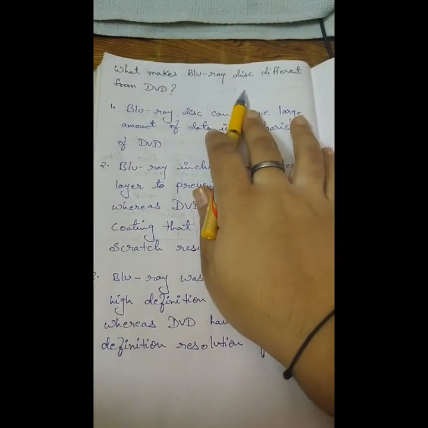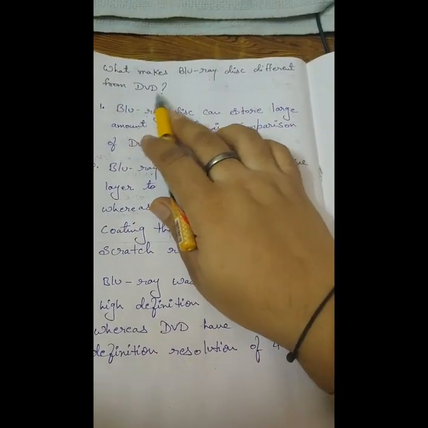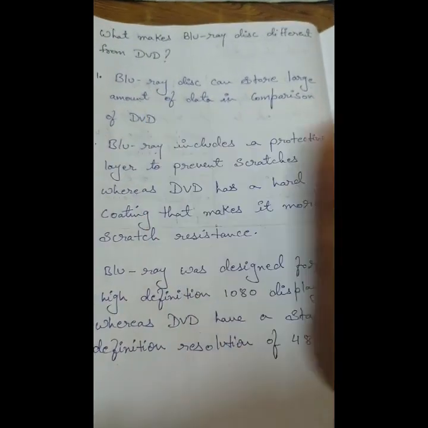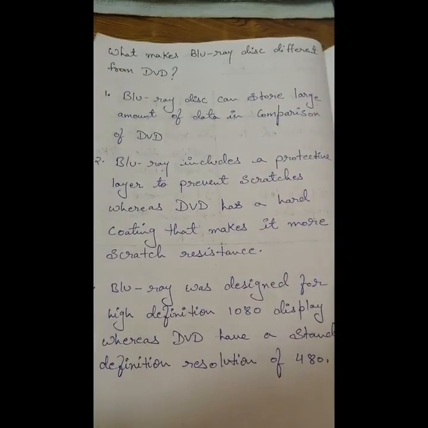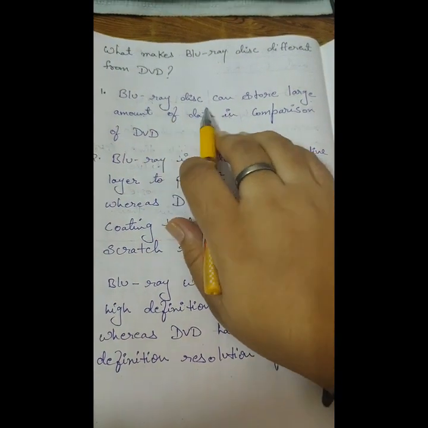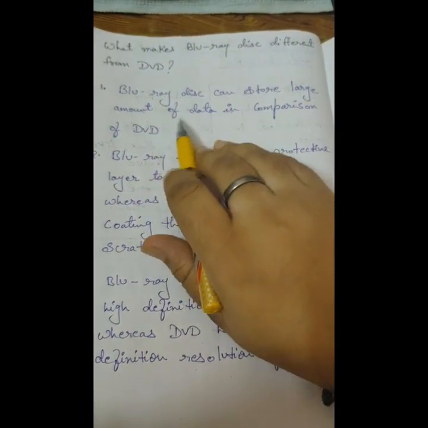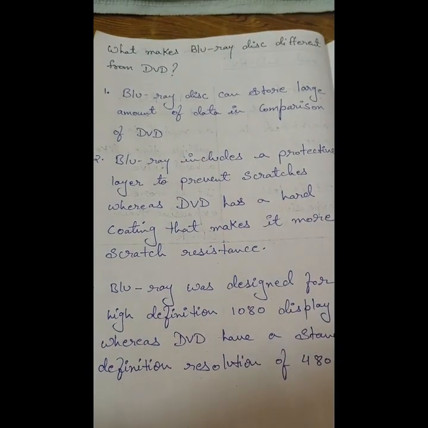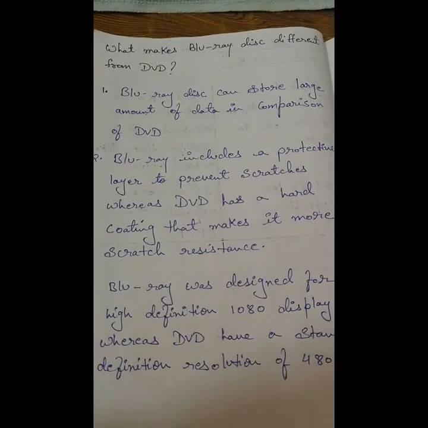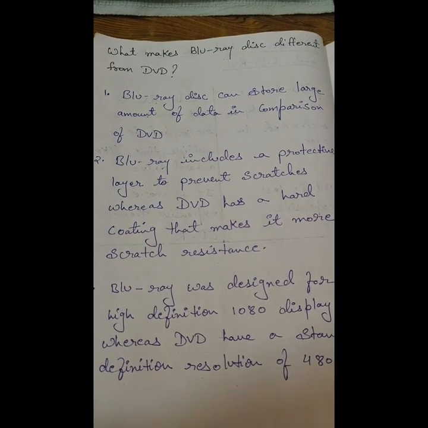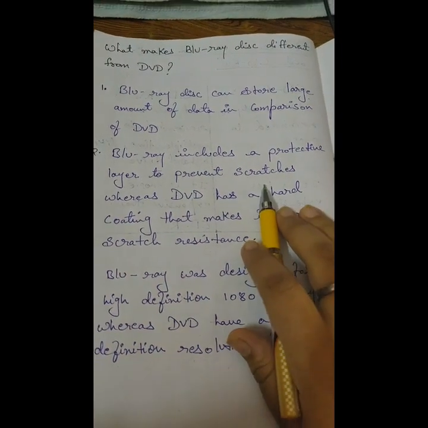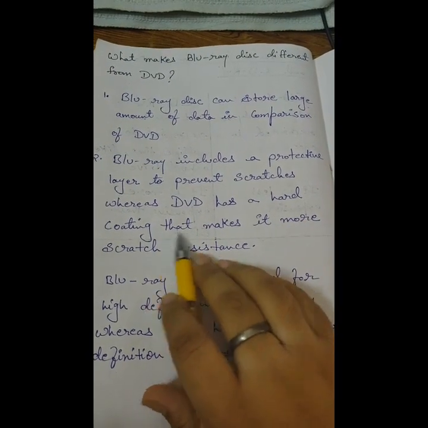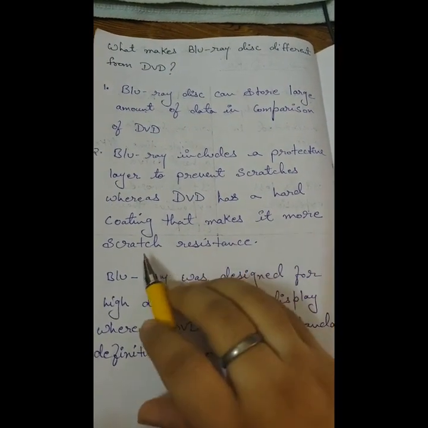Our next difference is Blu-ray disc from DVD. How is Blu-ray different from DVD? Blu-ray disc can store a large amount of data in comparison to DVD. Blu-ray includes a protective layer to prevent scratches, whereas DVD has a hard coating that makes it more scratch resistant.